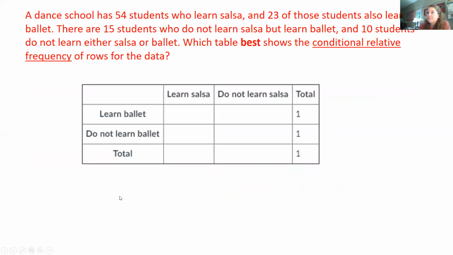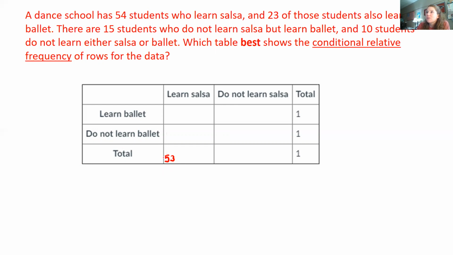Our y-intercept. All right, here is a scenario about 2 types of dances, learning salsa and learning ballet. So a dance school has 54 students who learn salsa, and 23 of those students also learn ballet. All right, so we have how many total students learning salsa? We have 53. Now, this tells us to make a conditional relative frequency, but in order to figure out what my percentages are going to be, I have to write my totals somewhere, right?